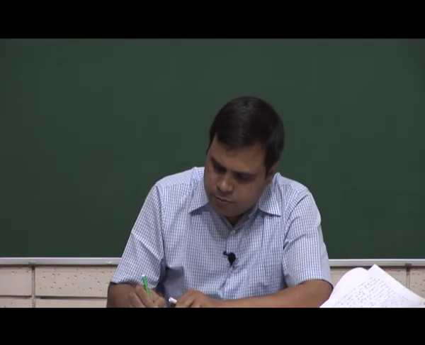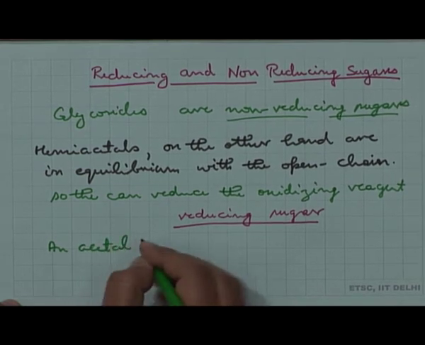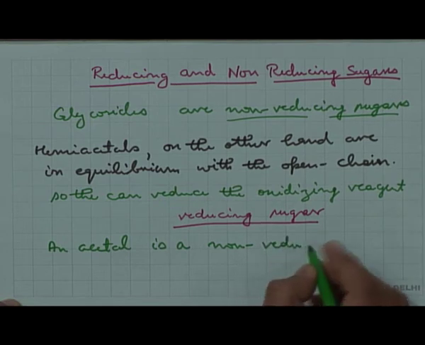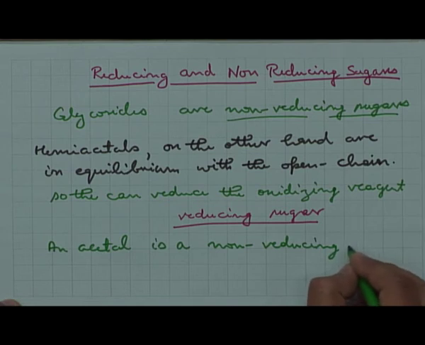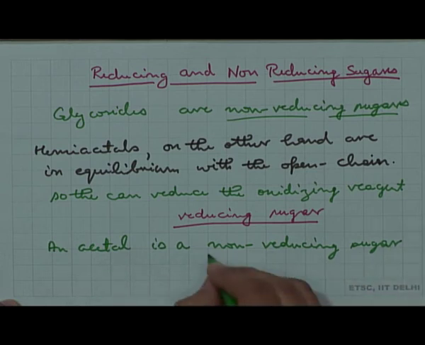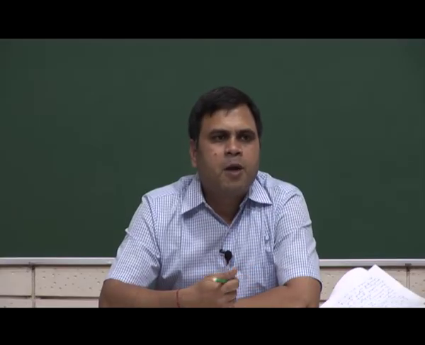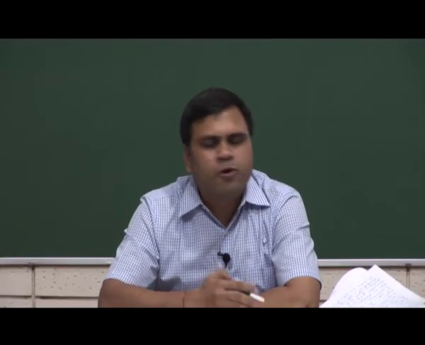Now, an acetal is a non-reducing sugar. Again, the point to remember is glycosides are non-reducing sugars because they cannot convert into the open chain compound which has a carbonyl in its framework.